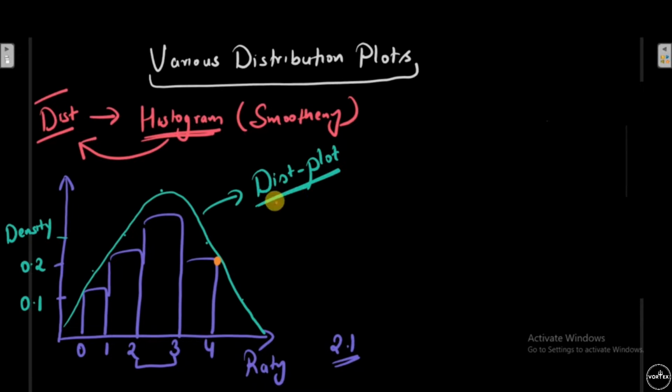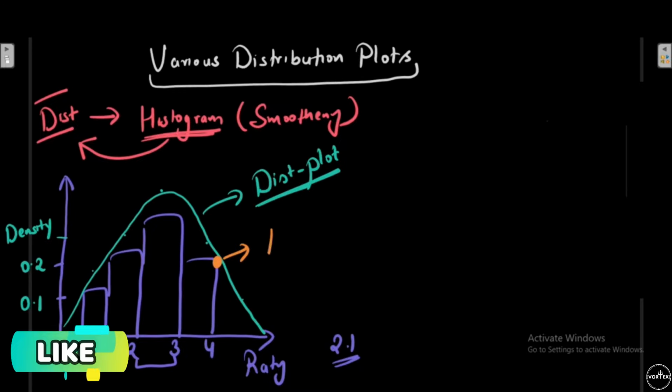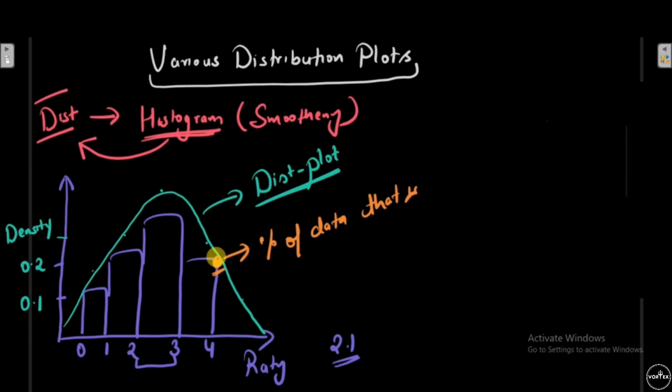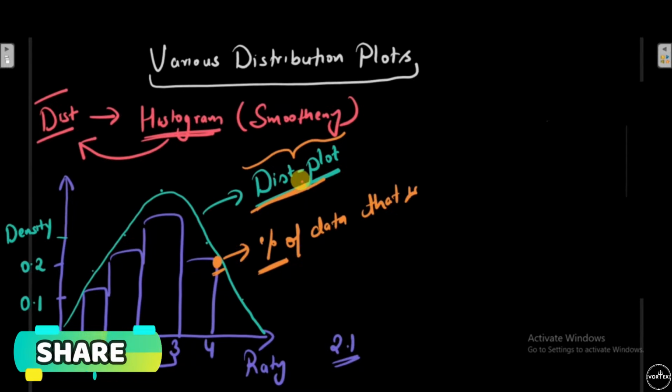If I have a distribution plot and ask what percent of data is available at that point, that's what my distribution plot tells us. It means at any given point, what is the density of the data available at that point. This is the layman definition of what my distribution plot is all about.